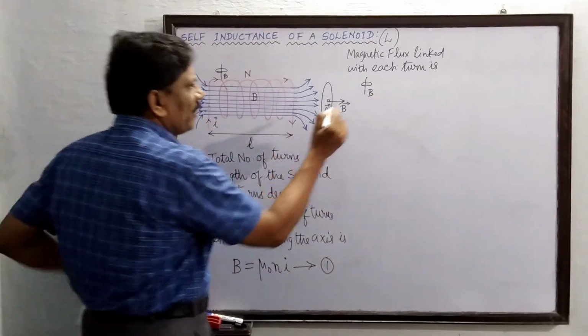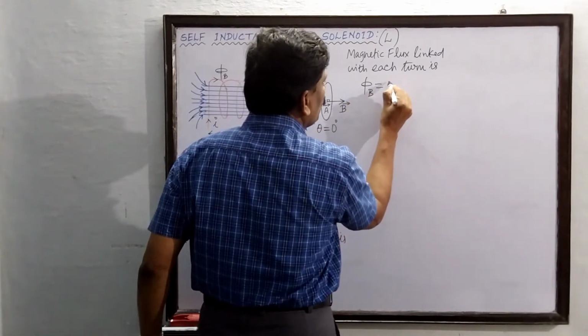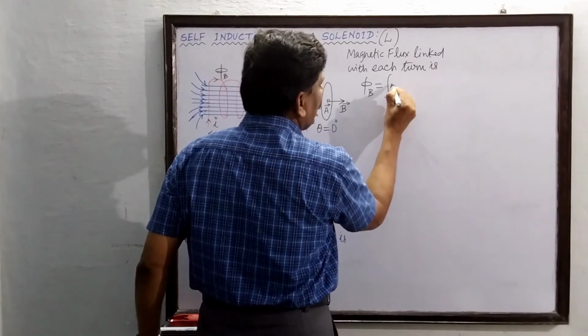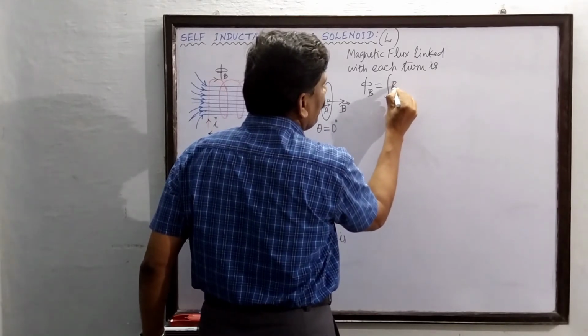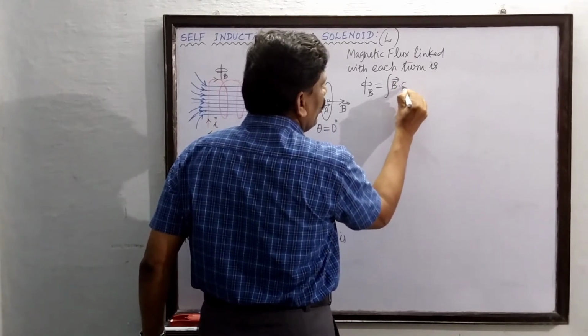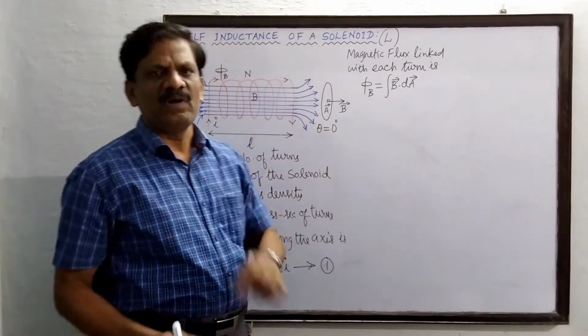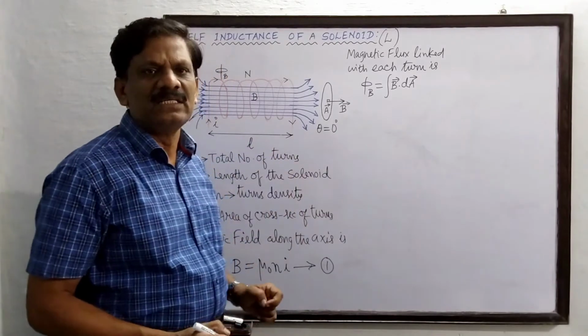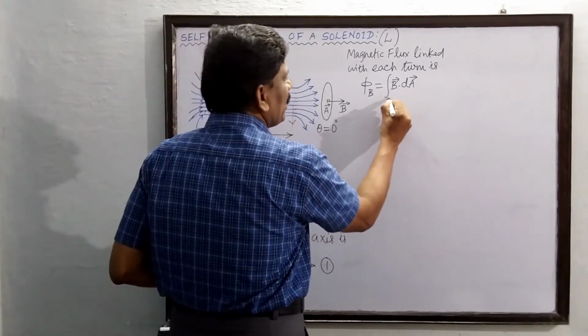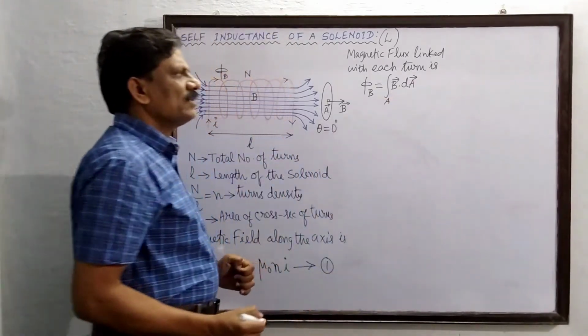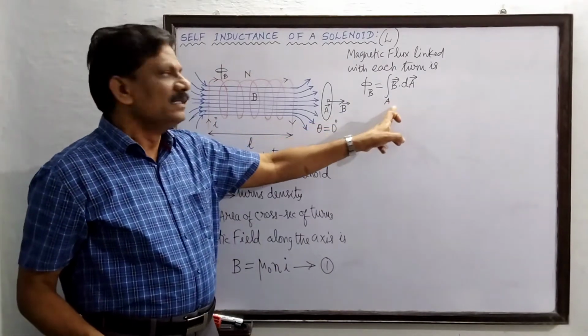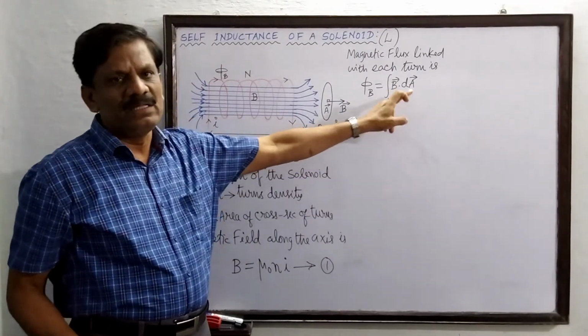So this is equal to the closed integral of B vector dot product the area vector dA, where dA is a small area associated with each turn. So this is an area integral, integral of B dot dA.